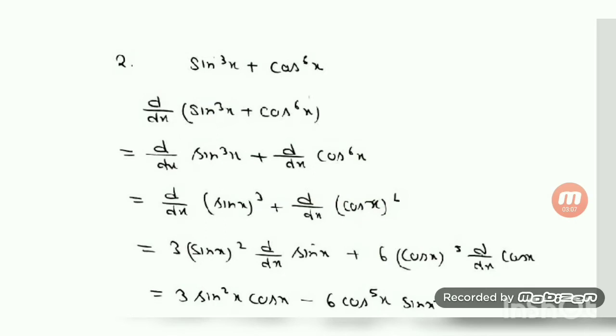After that we see that the power is a constant, because sin cube x can be written as (sin x) whole cube, plus cos to the power 6x can be written as d/dx of (cos x) whole to the power 6. Since the power is a constant, again we are going to use the formula x to the power n, thinking of this as x, that means chain rule you have to apply here also.